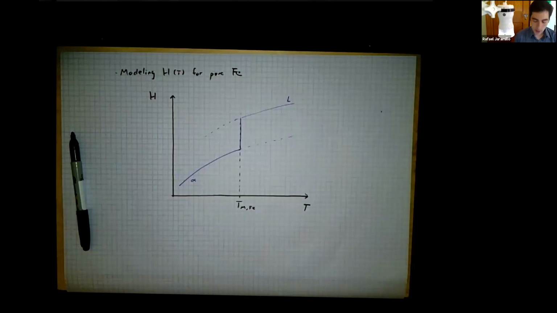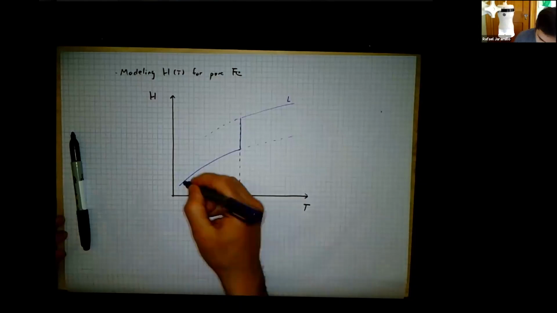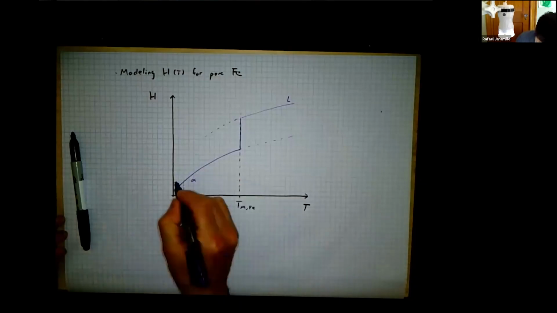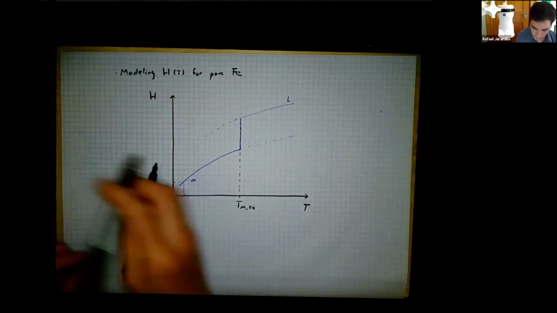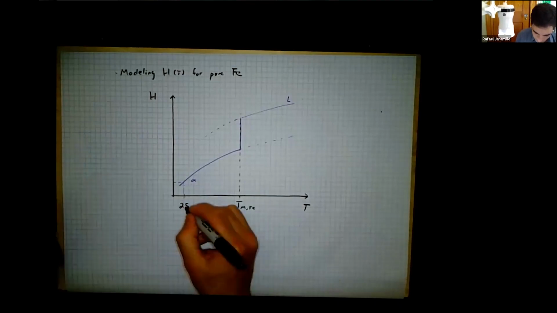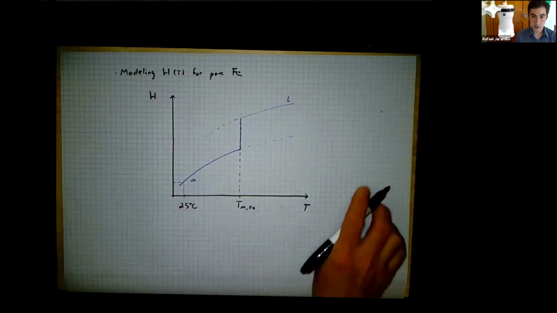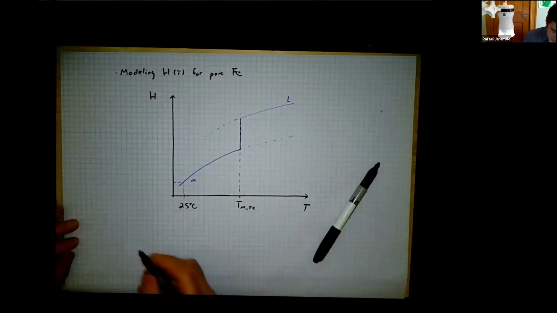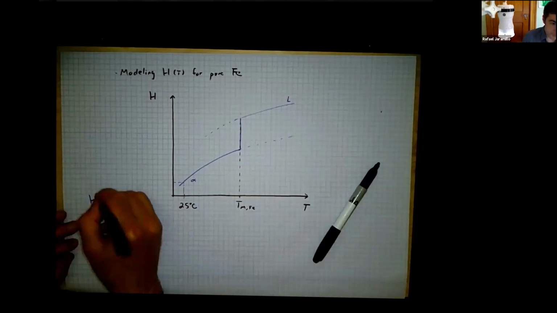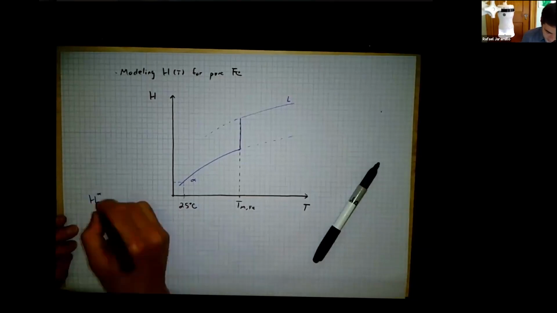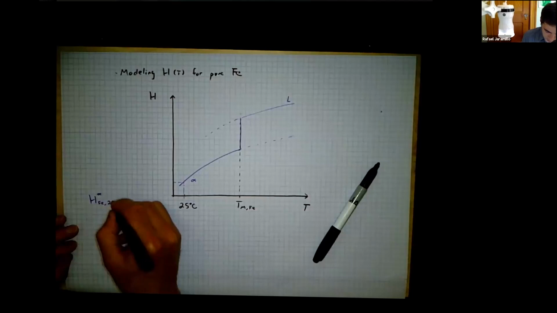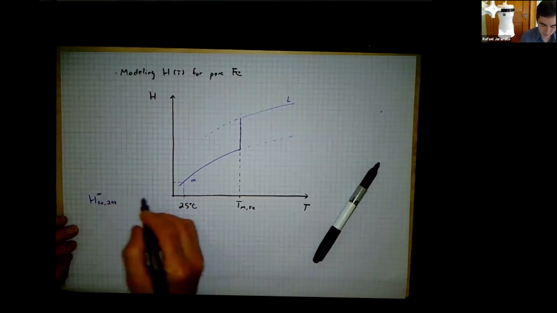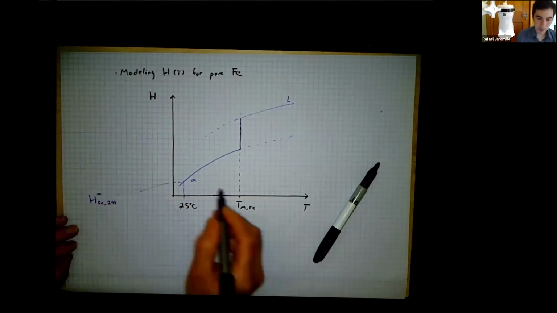And let's mark some features on this. So first of all, I want to start by marking 25 degrees C. Why do I want to mark 25 degrees C? That there is H of the alpha phase for pure iron at 298 Kelvin.